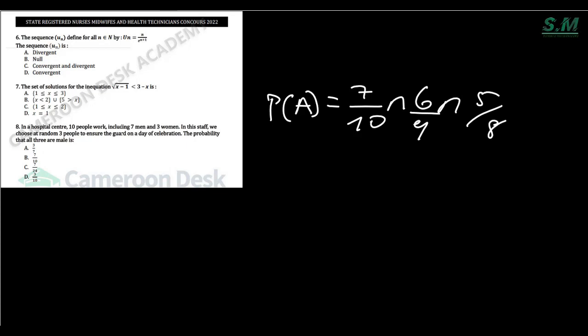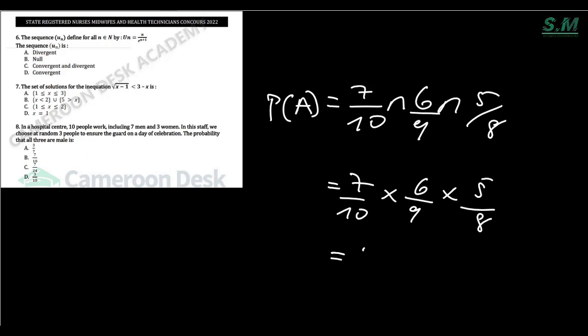So the and simply represents multiplication. So I have 7 on 10 times 6 on 9 times 5 on 8. So remember, we don't use calculators. So what's 7 times 6 times 5? You are going to have 210, since 6 times 5 is 30 and 30 times 7, another 7 times 3 is 21.